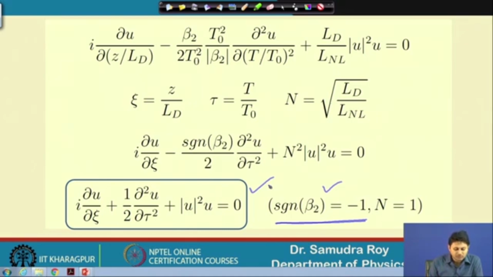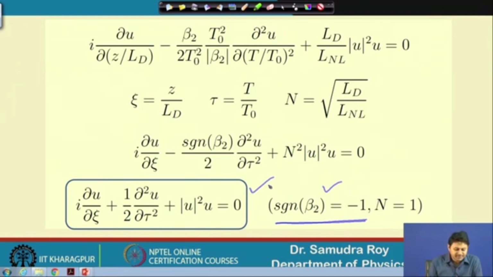This is a very well known form in books and literature. It is easier to solve because I have made all the dimensions out, and if I try to solve this numerically, it will be very easy to write the code of this equation.